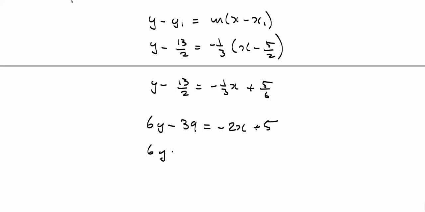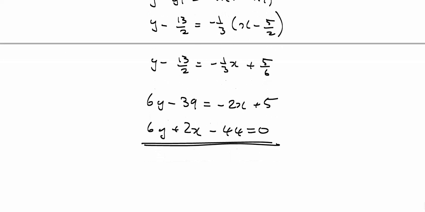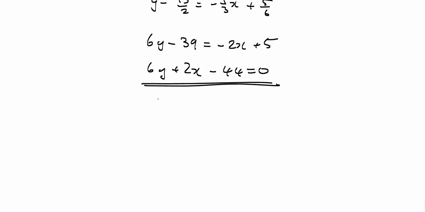So 6y plus 2x minus 44 equals 0, and that's the equation of the perpendicular bisector of the line. Or simplifying, of course, we can divide by 2: 3y plus x minus 22 equals 0.